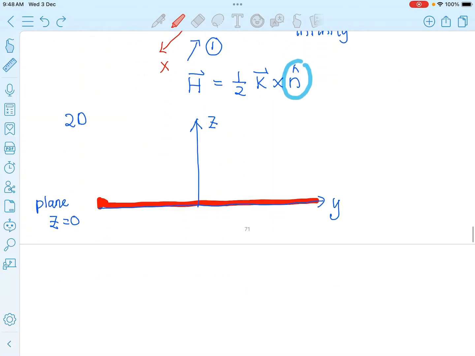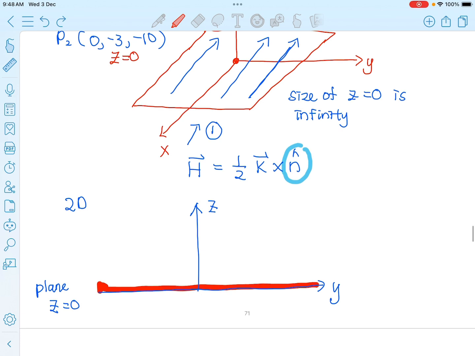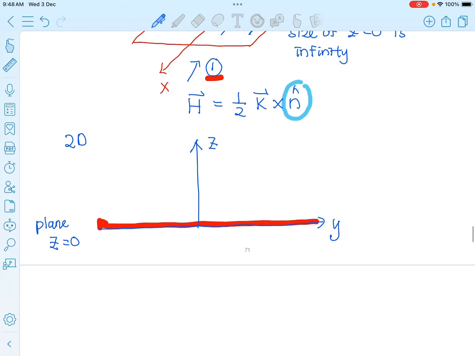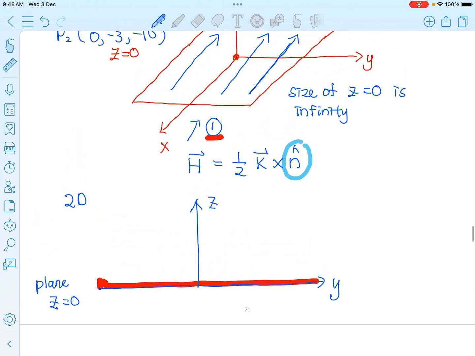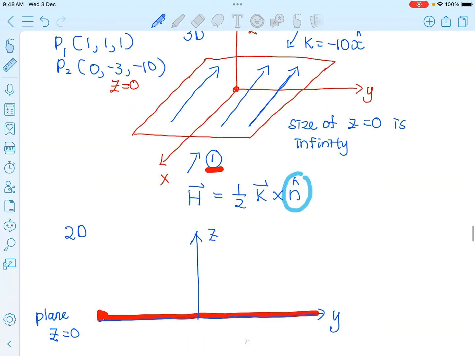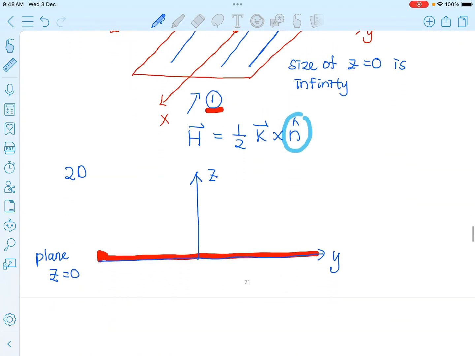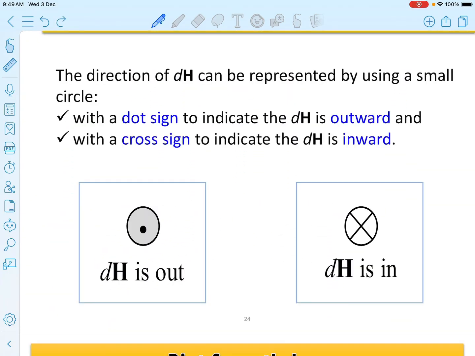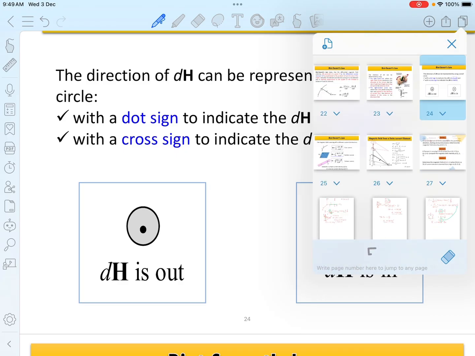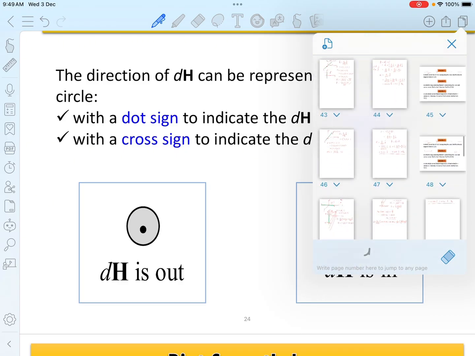Because we view from side number 1, the current density is going in the negative x direction. So we use this symbol to represent that the current density is going in.